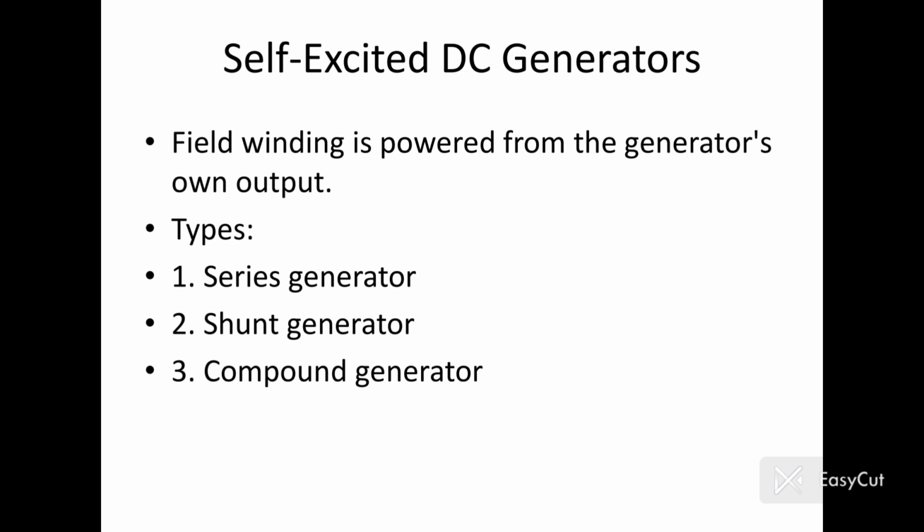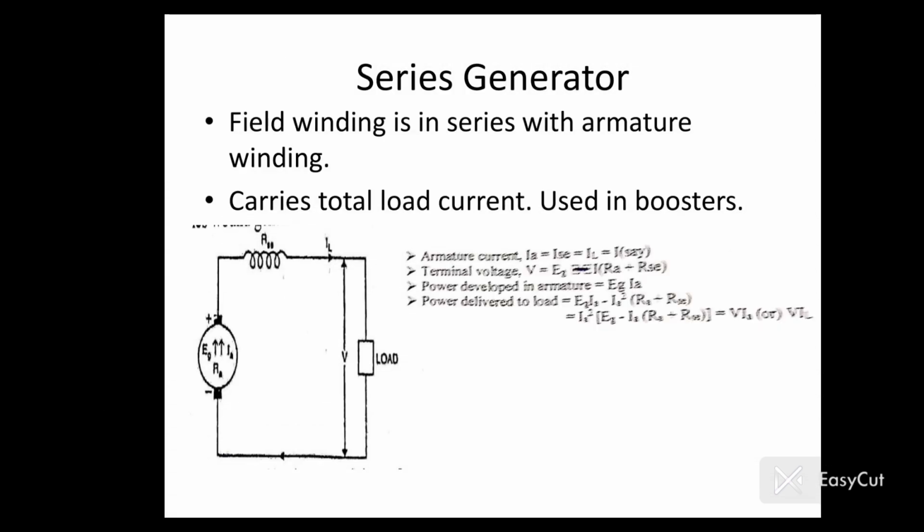Self-excited DC generators. A DC generator whose field winding gets current from its own output is called a self-excited generator. There are three types based on how the field winding is connected. 1. Series generator. 2. Shunt generator. 3. Compound generator. 1. Series generator.